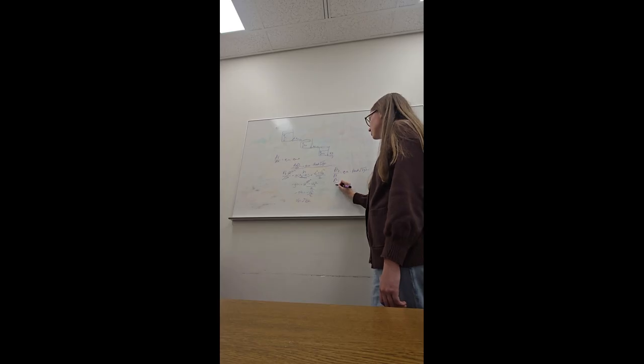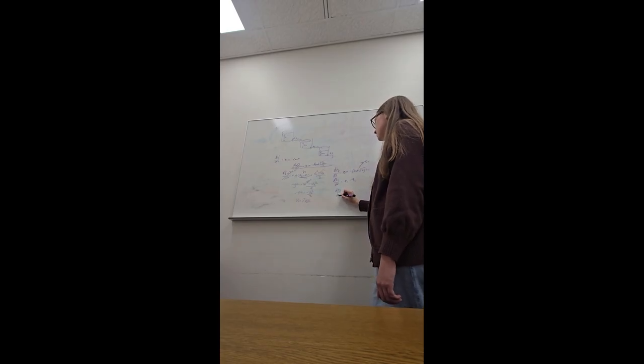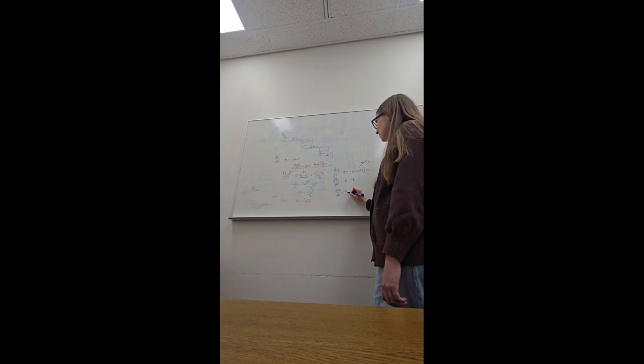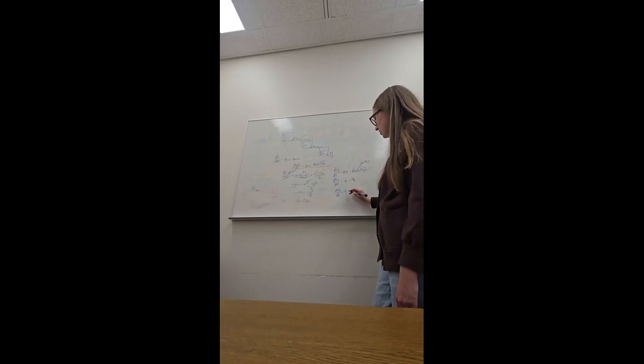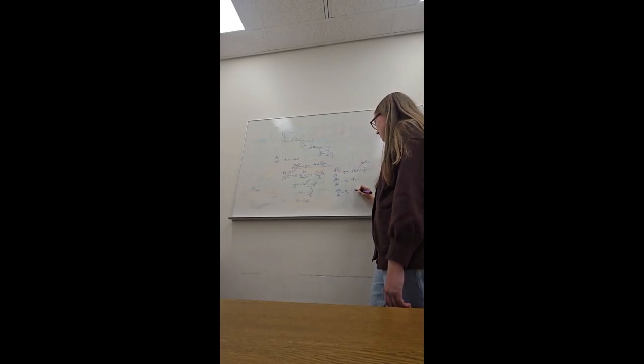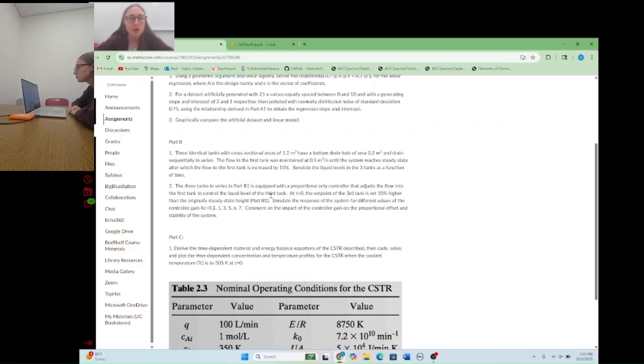Change in height 2 is going to be, and I can even write this as just Q1, and that'll be Q1 minus Q2. And then height 3 is going to be Q2 minus Q3.